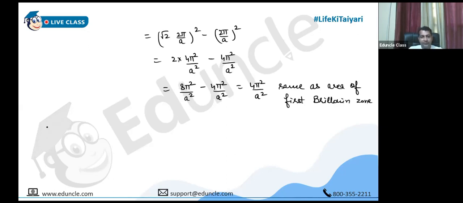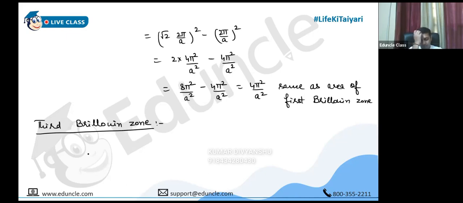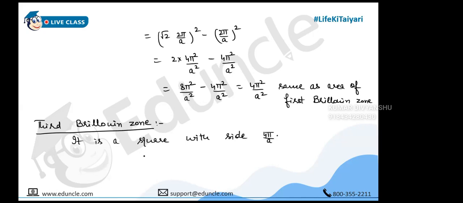What about third Brillouin zone? What is the side? 4 pi by a, because it extends from minus 2 pi by a to plus 2 pi by a. What is the area?